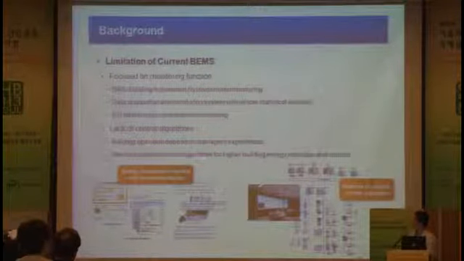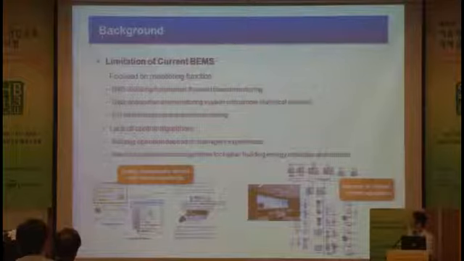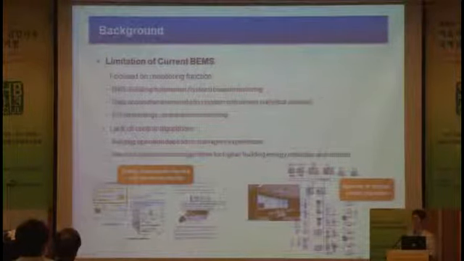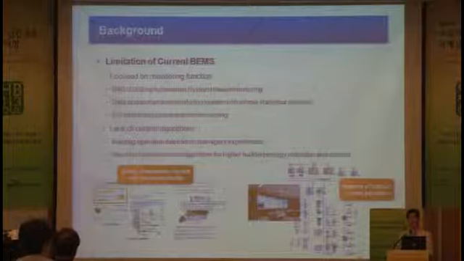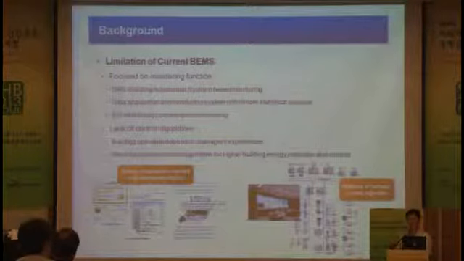The other issue is the lack of control algorithms. Based on the building energy data from BAMS, we have to use this information for actual building control. Maybe we can control temperature, ventilation systems, or lighting systems.